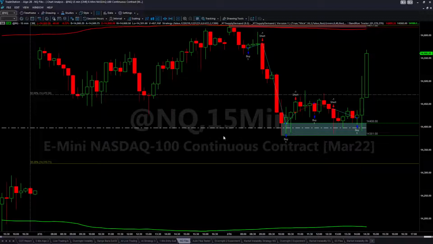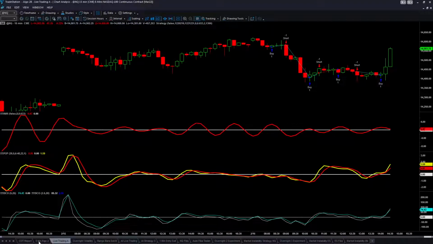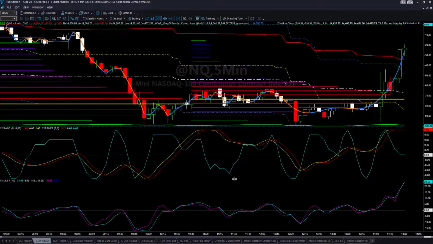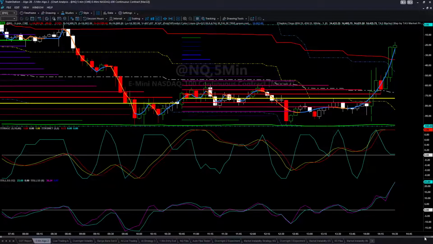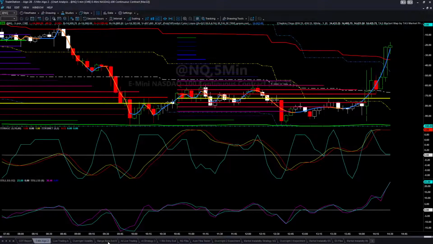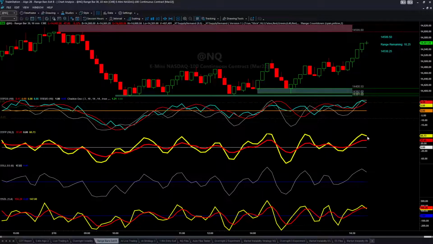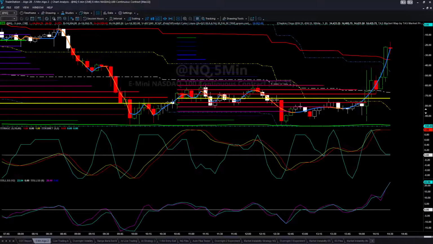Actually, let me take a peek at the range bars real quick. Wow, look at this. Nice. Yeah, this is definitely running right now on a trend. And let's just put that there.